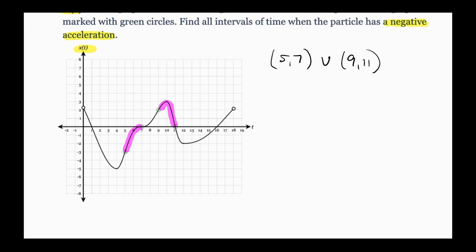What's my justification here? Why did I choose those areas? Don't say concave down. That's true, but why is it concave down?